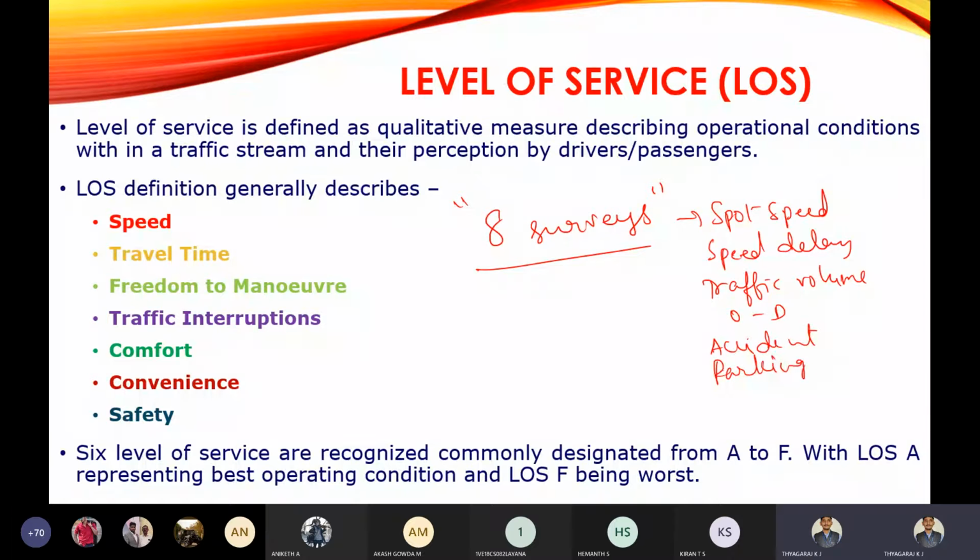These are the various studies we have gone through for determining the various parameters of the traffic, and this is a quantitative method.